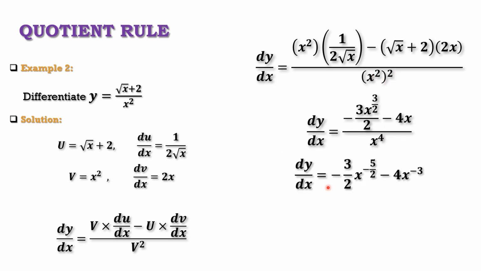And this gives us dy/dx equal to minus 3/2 x to the power minus 5/2 minus 4x to the power minus 3. So everything here is simplified as dy/dx equal to minus 3 divided by 2 root x to the power 5 minus 4 divided by x to the power 3.